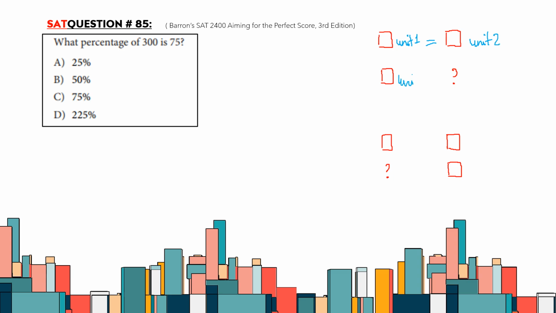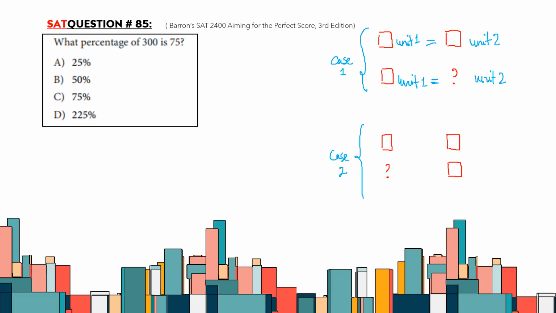Unit 1 is always on the same side, so all the same units have to be on the same side of the equation. This is case number 1, this is case number 2.